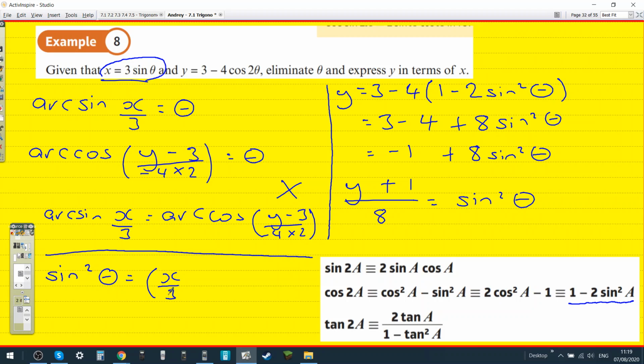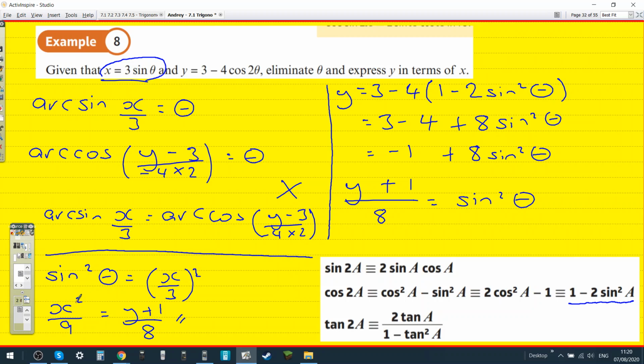And now what can you do? I can do x over 3 squared equals y plus 1 over 8, and I'll simplify it down to x squared over 9 equals y plus 1 over 8. You know when you square root x squared, you get two answers, plus or minus?